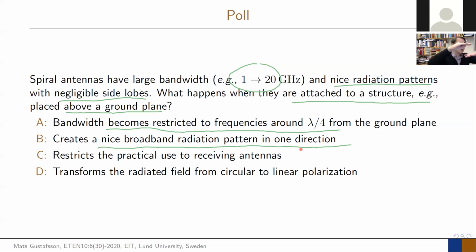So you put it above your ground plane, and of course you don't radiate below the ground plane. In C, it restricts the practical use to receiving antennas. So if you put it above something, suddenly you cannot transmit. Or in C, you have to transform the radiated field from circular polarization to linear polarization. So those are the A, B, C cases of those points.